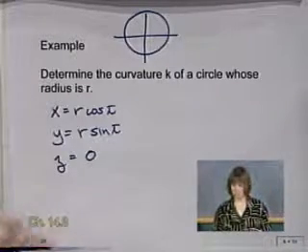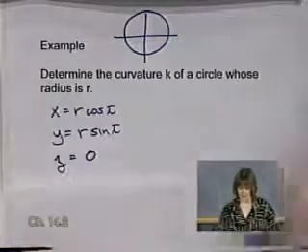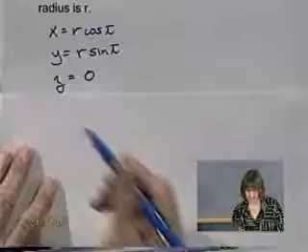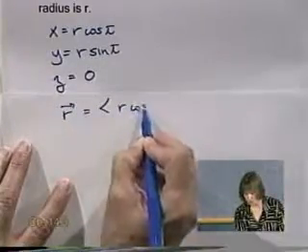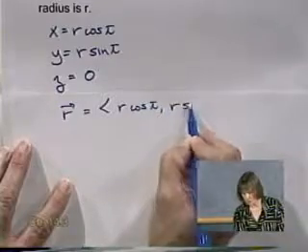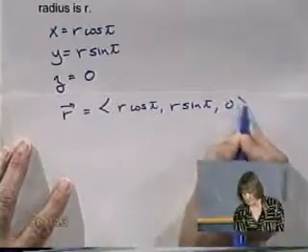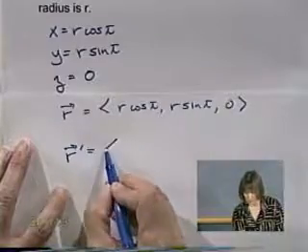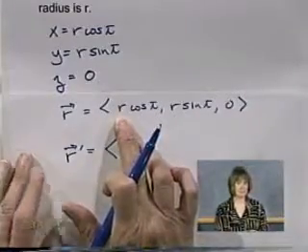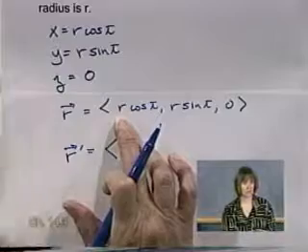So my vector function r of t is equal to r cosine t, r sine t, comma 0. So r prime is equal to, now remember, r is a constant. It doesn't change. Your radius is r.